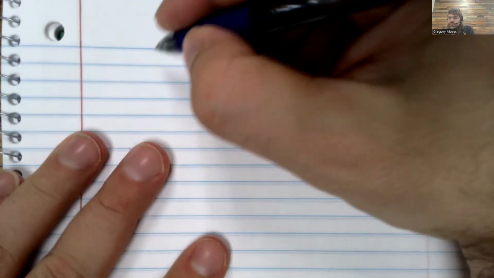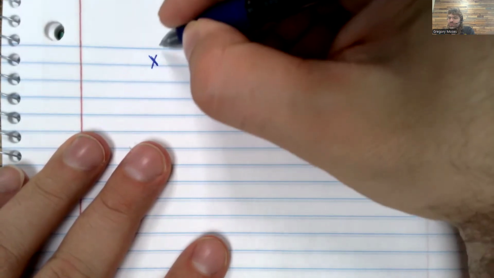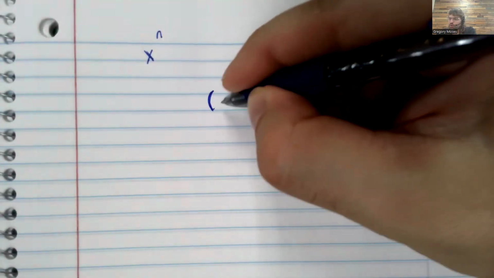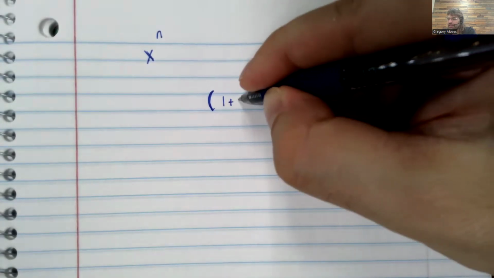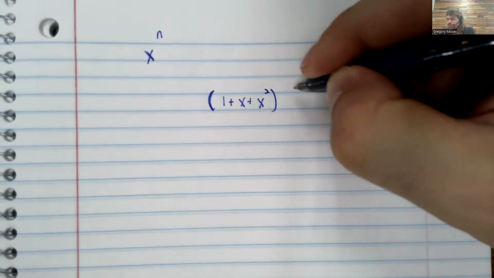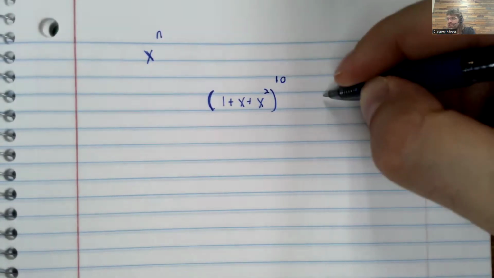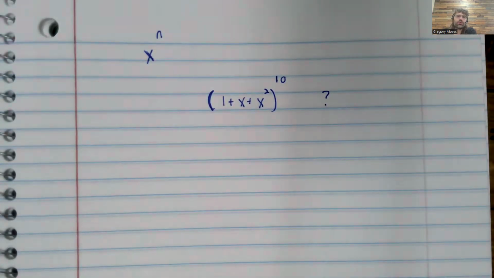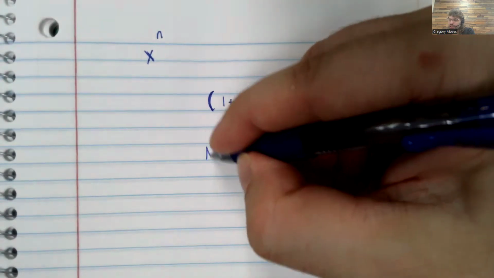The other warning I want to leave you with is that this power rule works for x raised to a power. What if instead we have something more complicated? 1 plus x squared, raised to the 10th. The power rule does not work here. We need more complicated machinery.